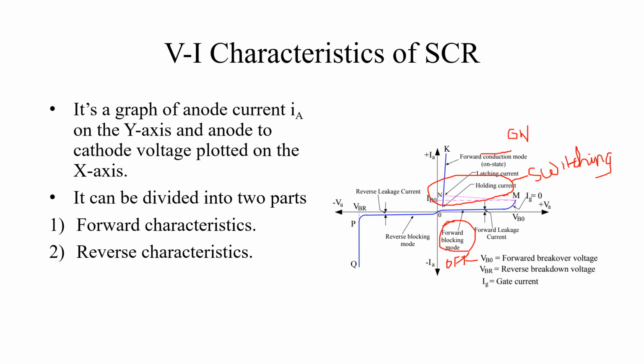Now talking about the reverse characteristics, here you can see in the third quadrant. For reverse characteristics, our SCR is reverse biased. That means anode is negative with respect to cathode. Here what happens is when our reverse voltage is less than reverse breakdown voltage, very small leakage current flows here.